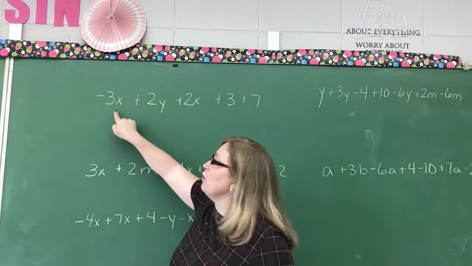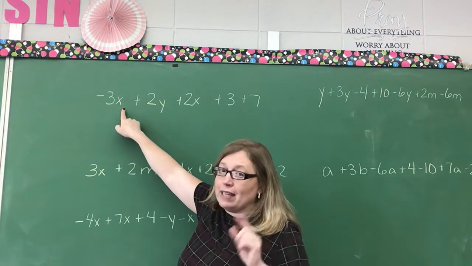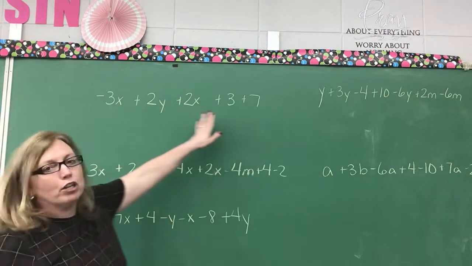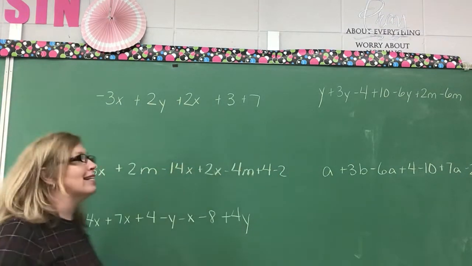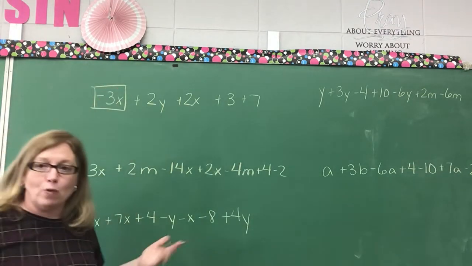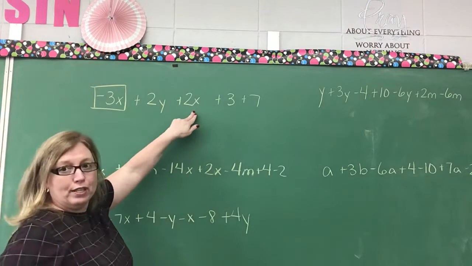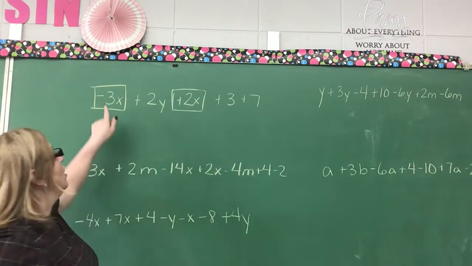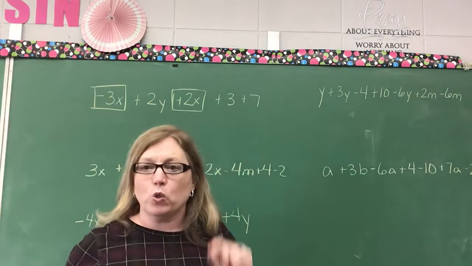We have negative 3x. All I care about is the fact that it's an x, okay? So I'm looking across here and I'm saying, do I have any more that are x's? Well, this is an x. Do I have any more x's? Yes, I have this one. It is also an x. Now the sign in front of it goes with that number.